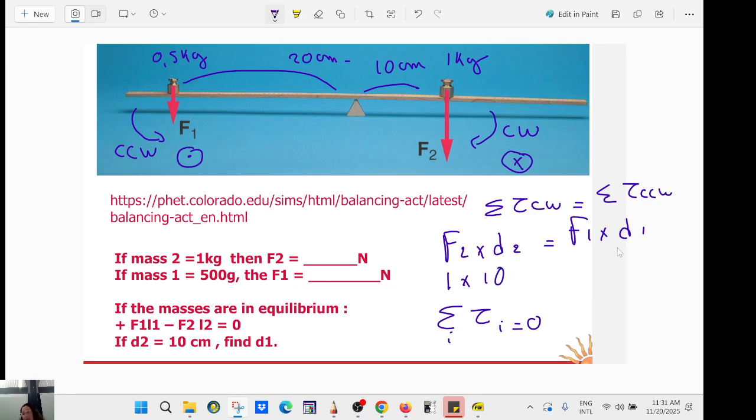I keep centimeters because I will have centimeters here, equals 0.5 times 20. Because if I want to convert to meters, I divide by 100 on one side and I divide by 100 on the other side. Okay, because it's like an equality, right? It's like a scale. So if you have centimeters here, you can have centimeters there.